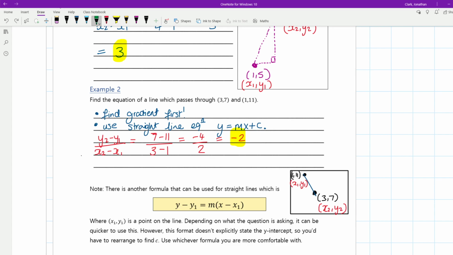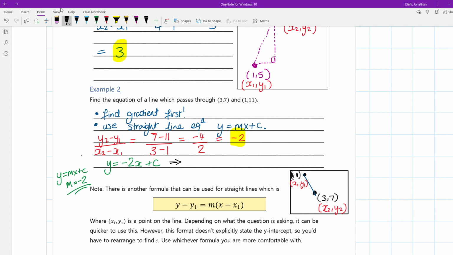Now, a little bit of algebra that we're going to do here. We know that the formula of a straight line is y equals mx plus c, and we just found out that the gradient is minus 2. So we can replace our m in y equals mx plus c with a minus 2.